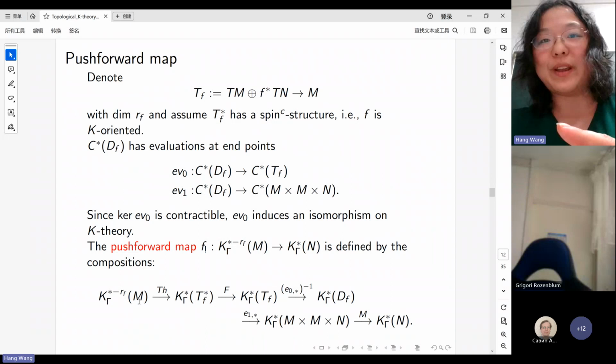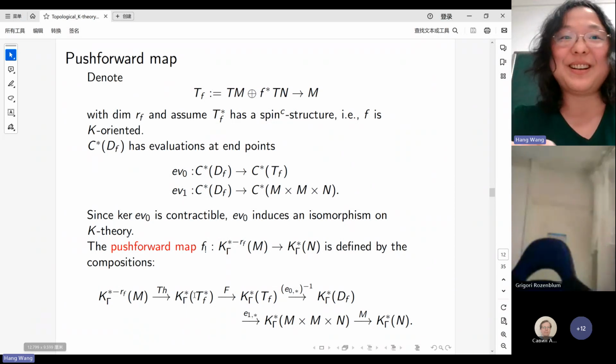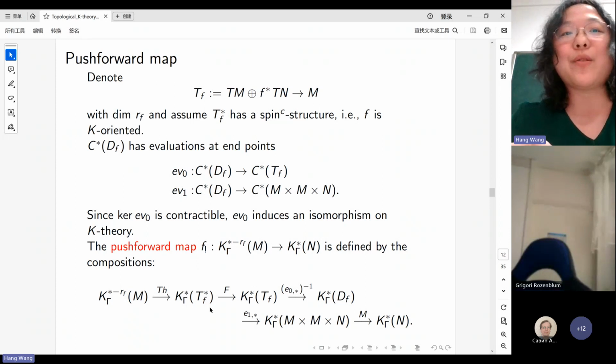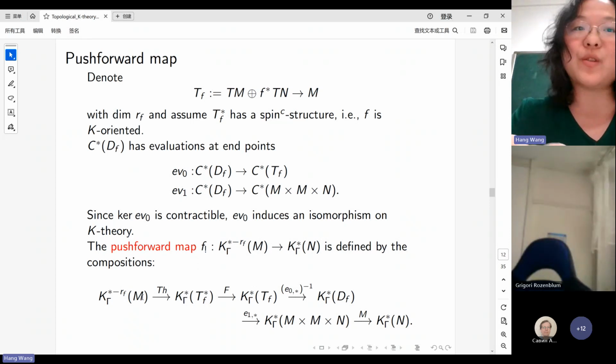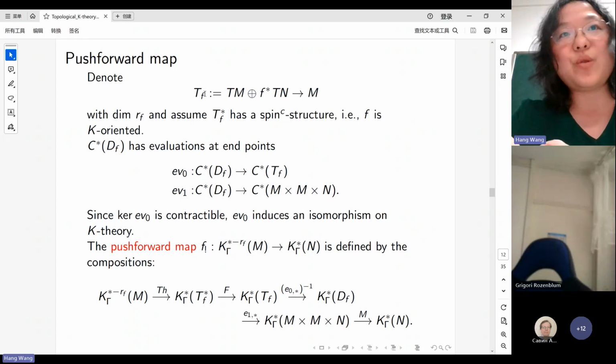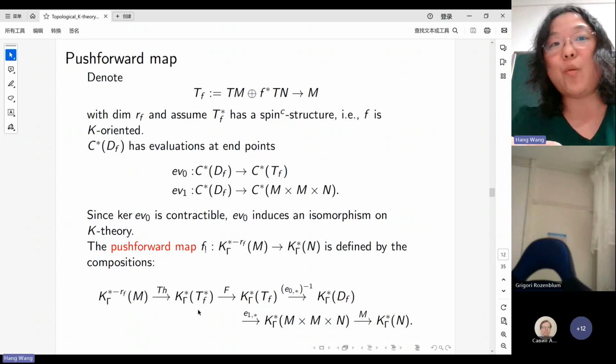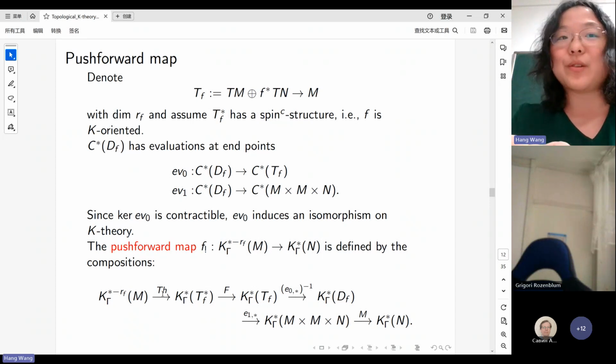following compositions of maps. So the first map is going from equivariant K-theory of M to equivariant K-theory of the dual of this normal bundle, and they are actually isomorphic because of Thom isomorphism.